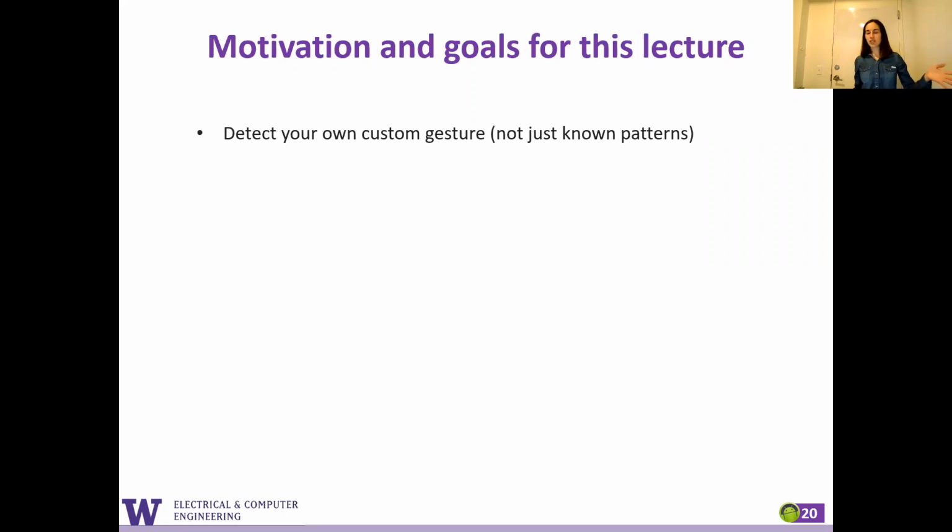Face recognition is a traditional activity, so there are already models for that. But if you want to detect your own custom gestures, there might not be an available model or function that you need.